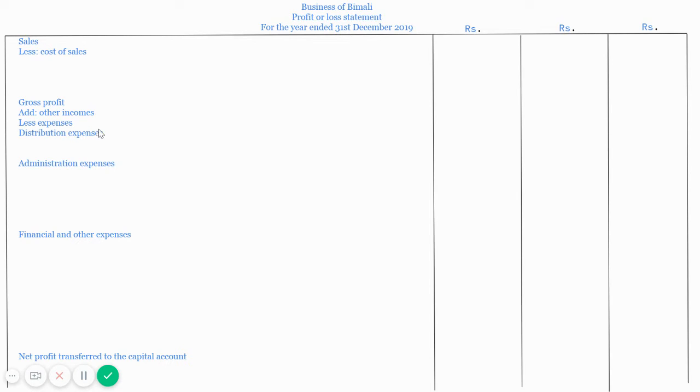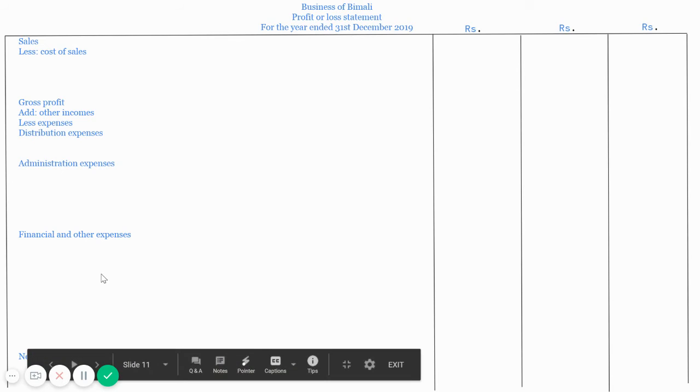But in between, again, you have to keep 5 lines: 5 lines under distribution, 5 lines under administration, and about 3 lines for financial and other, because you won't be getting many items under financial and other expenses. So we can take it as 1 and leave about 3 lines.